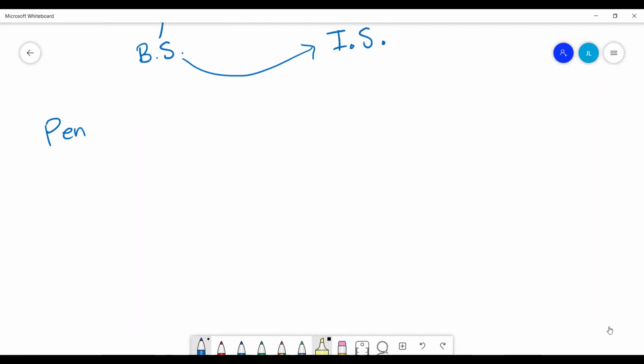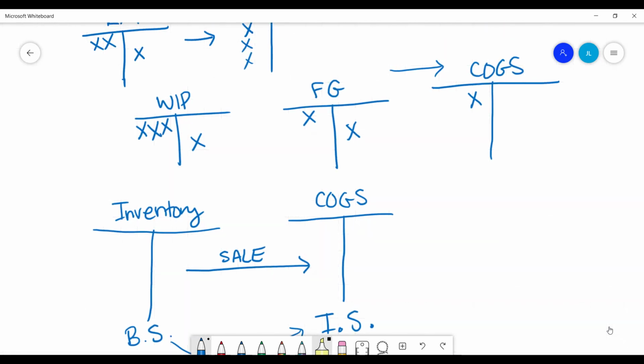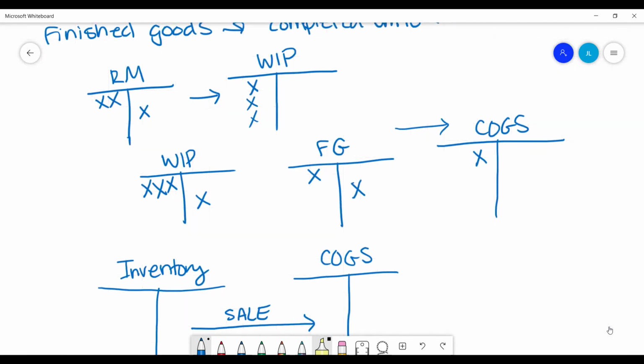But period costs, those are not manufacturing costs. These are selling and administrative costs. Okay, these are expensed in the period in which they are incurred. Okay, expensed when incurred. Okay, so product costs are expensed to cost of goods sold as soon as a product is actually sold, right?